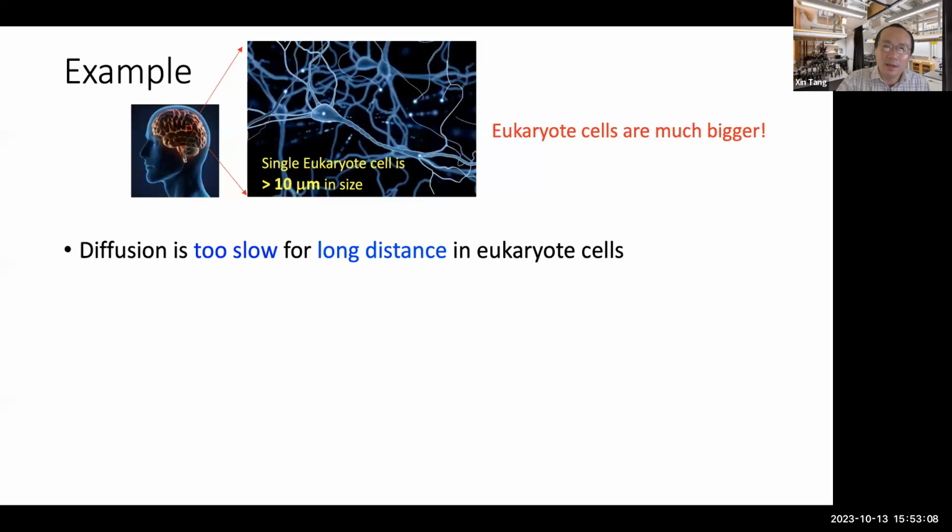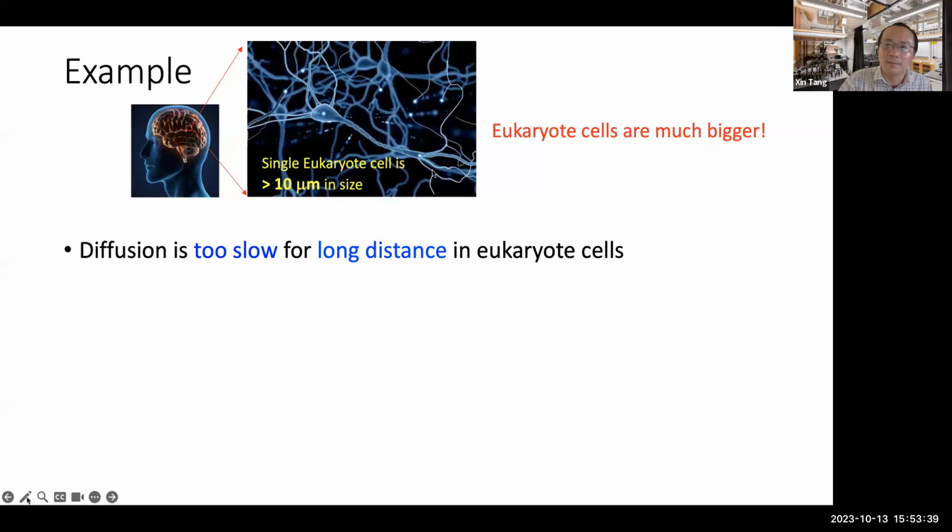In fact, in the body we have even larger cells, like the neuron, which can be meters long in one dimension. In bacteria, if it's only 1 micrometer, a protein would take 2 seconds, and 10 micrometers takes 200 seconds. If the neuron is meters in scale, it will take a very, very long time for the protein to traffic to its destination.